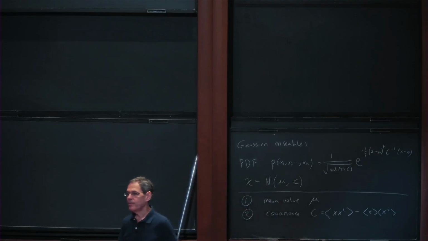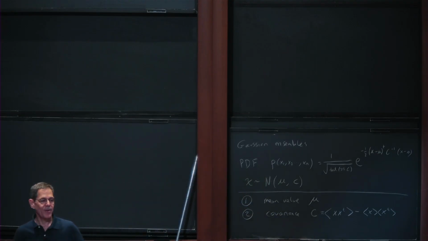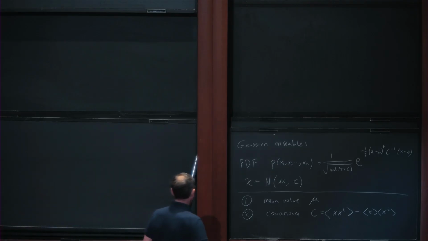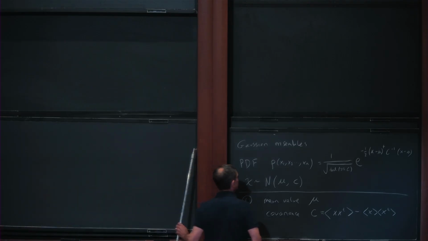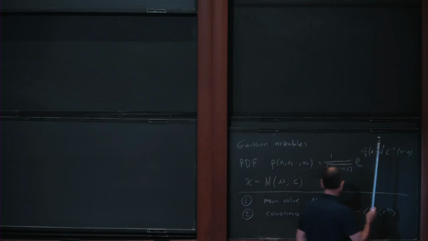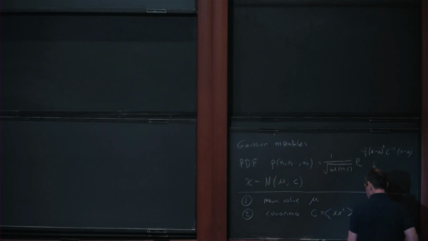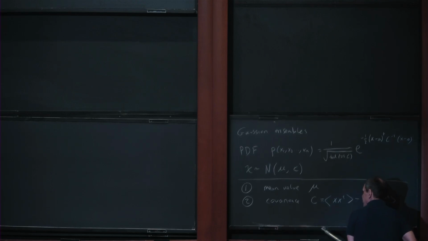And very often when people write down Gaussians, they write down these 2 things, and then they sort of assume that you know what the third property is that defines the Gaussian. But it's actually often left out. And that is called Isserlis's theorem. Isserlis was a Russian mathematician born in the 1860s who emigrated to London.